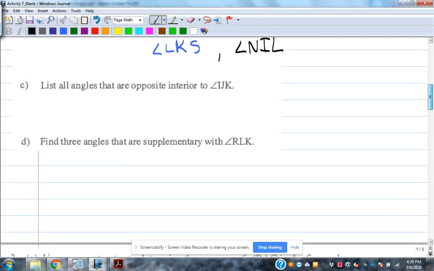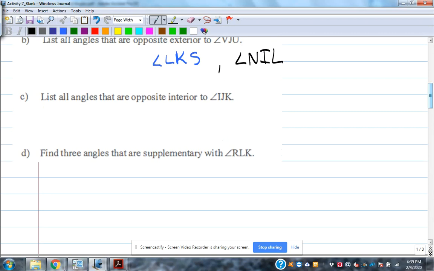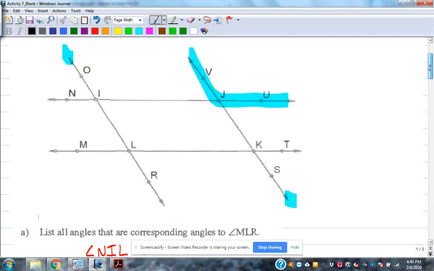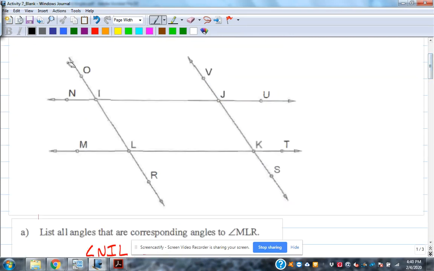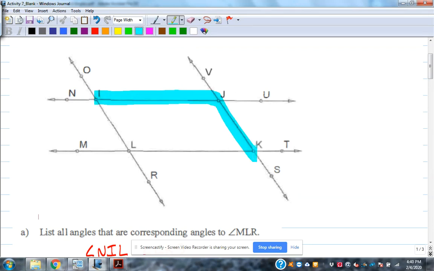All right, let's go to the next thing. List all the angles that are opposite interior or alternate interior to IJK. So IJK, highlight that angle. So we've got to pick the set of parallel lines we're dealing with.